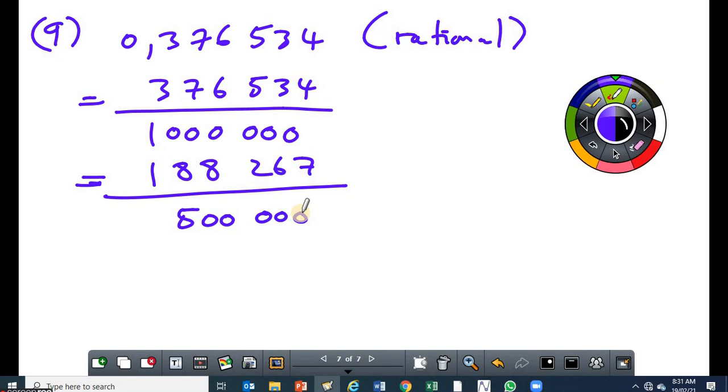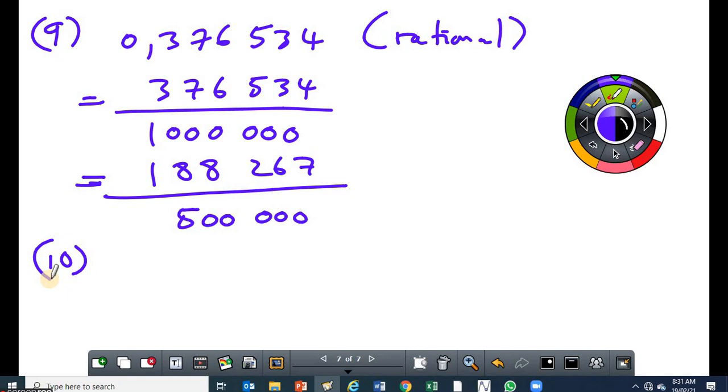Then number 10, you've got the square root of negative 25. Now, is that rational or irrational?